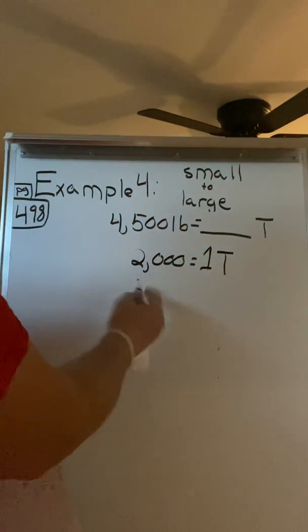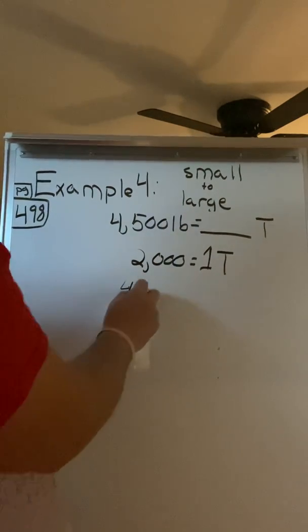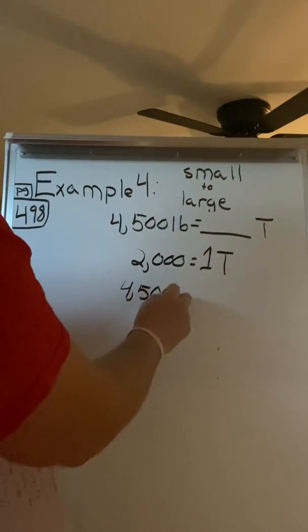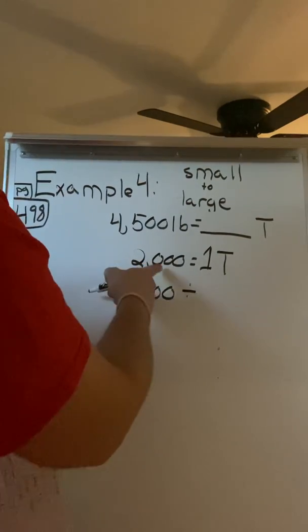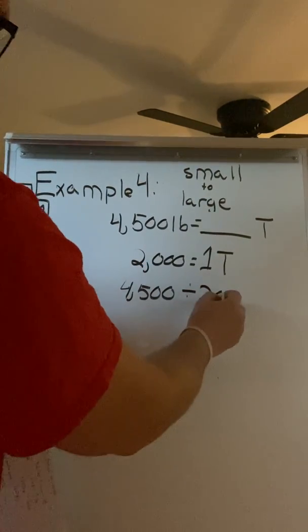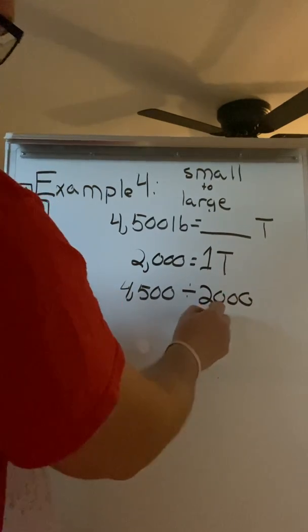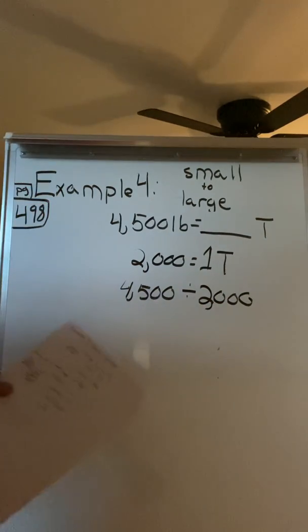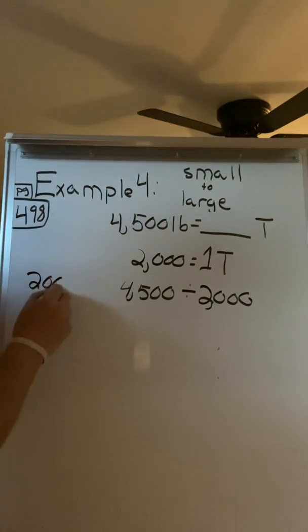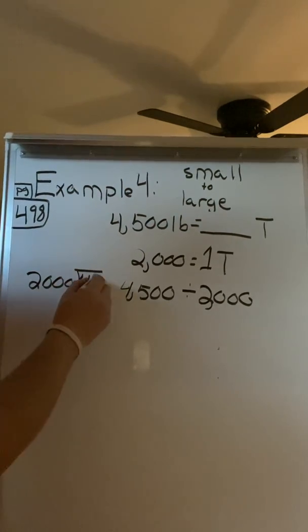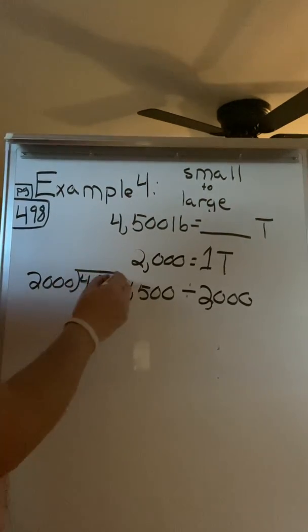So I'm going to be dividing 4,500 divided by 2,000 pounds. So when I set this up, it's going to look something like this. 2,000 into 4,500.